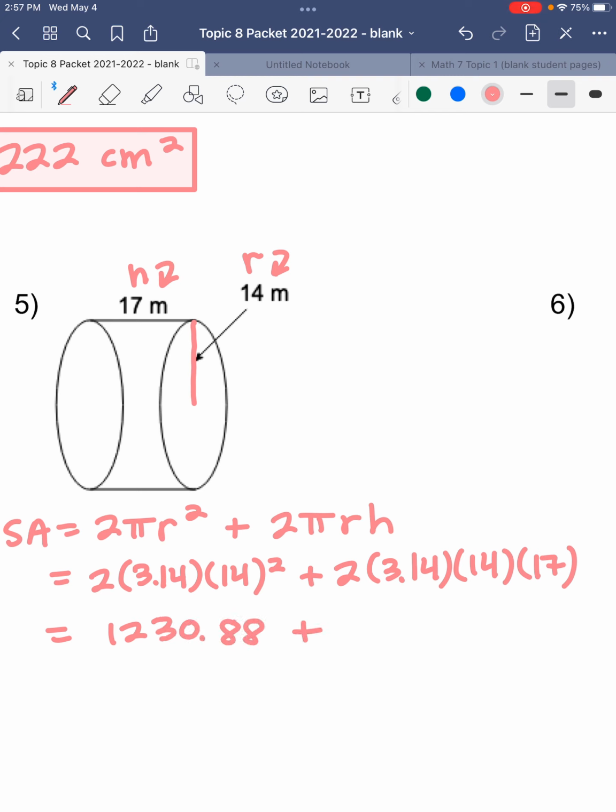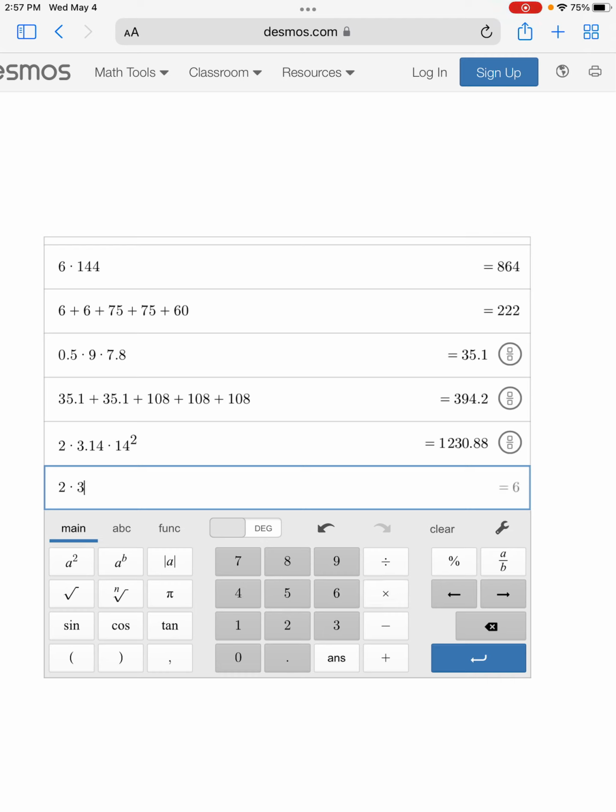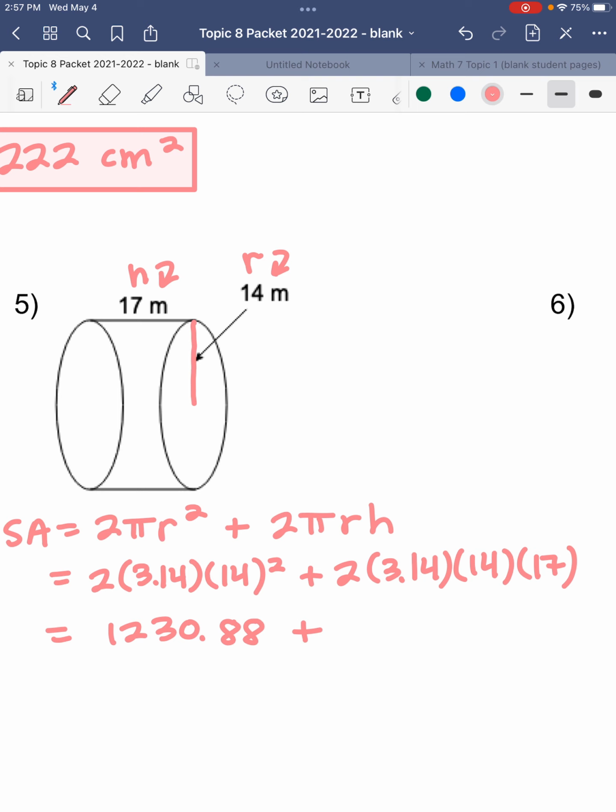Now I'm going to find my second part, so I'm going to simplify that. So go back to our calculator. 2 times 3.14 times 14 times 17 for my height. I don't have to square anything here, okay? I get 1,494.64. So go back over here, 1,494.64.